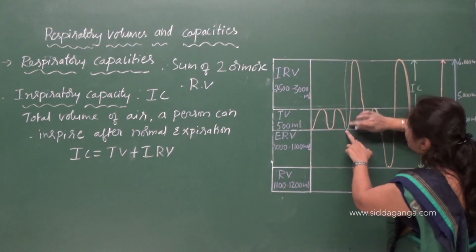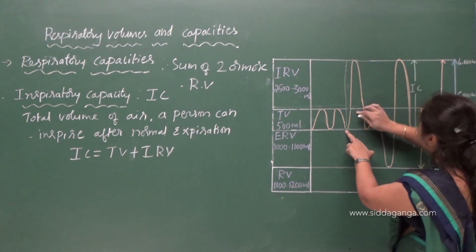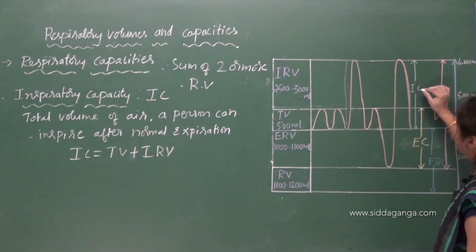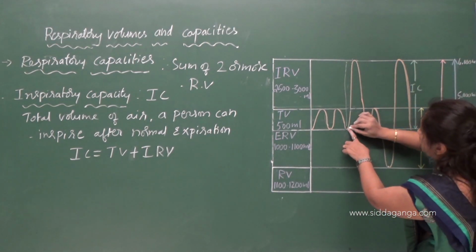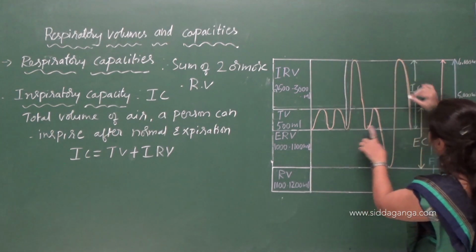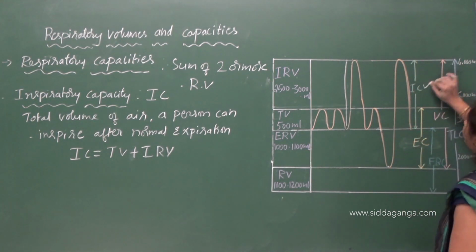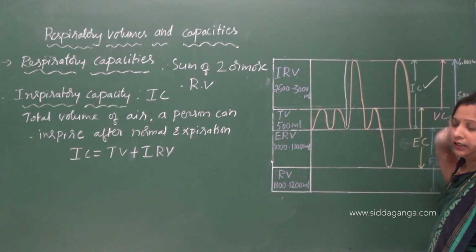So this is our total inspiratory capacity. Inspiratory capacity is TV plus IRV.